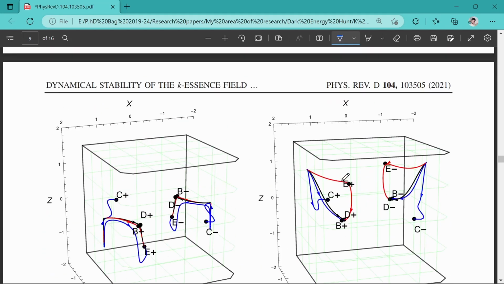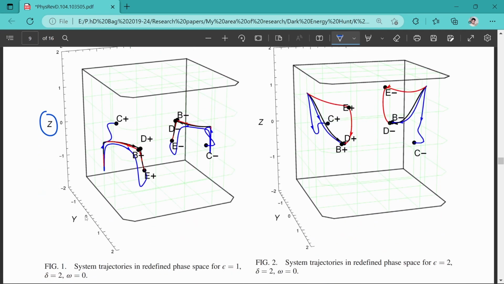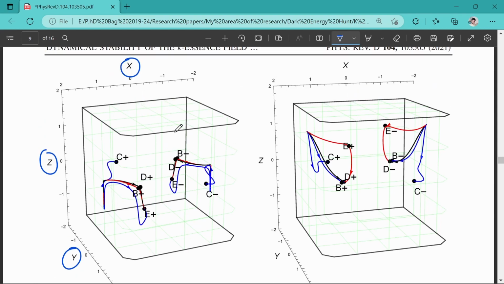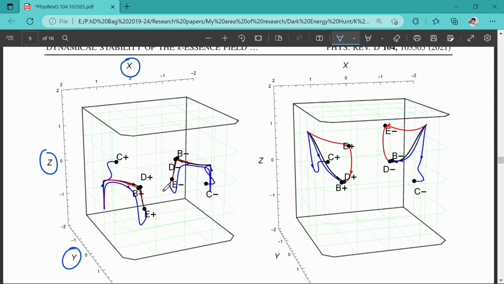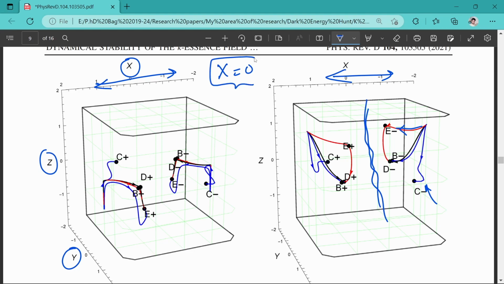So now this phase space looks like this: this quantity is x, this is z, and this is y. These plots are very complicated, and it took a hell of a lot of work to plot them. Now in this phase space you can see that it is symmetric across x, and no trajectory is crossing this x equal to 0 barrier. Why? Because x equal to 0 gives you the invariance.